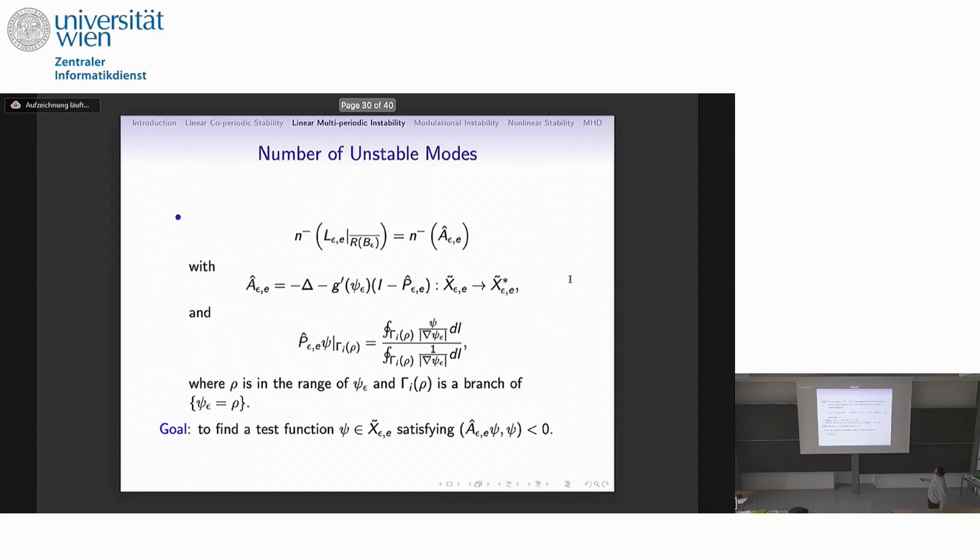Now you get a criterion: computing the number of negative directions of L restricted to the range space of B is equivalent to finding the negative directions of this Schrodinger-type, elliptic-type operator. It takes the form minus Laplacian minus G prime times identity minus another projection operator. This is not the previous 1D projection operator. Now this projection is onto the kernel of the transport operator B epsilon.